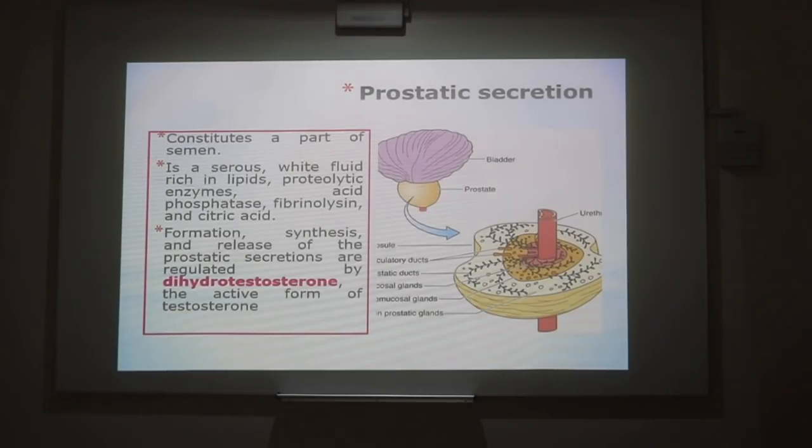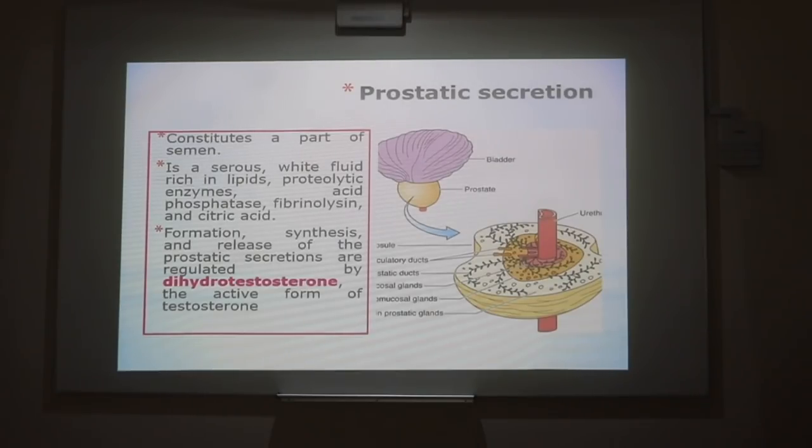So if you have higher levels of prostate specific antigen, more than 4 nanograms per microliter, you start to think about the prostatic disease. So it could be because of benign prostatic hyperplasia, it could be because of prostatitis, it could be because of the cancer of the prostate gland. So it's not very cancer specific, but it is much more prostate specific.